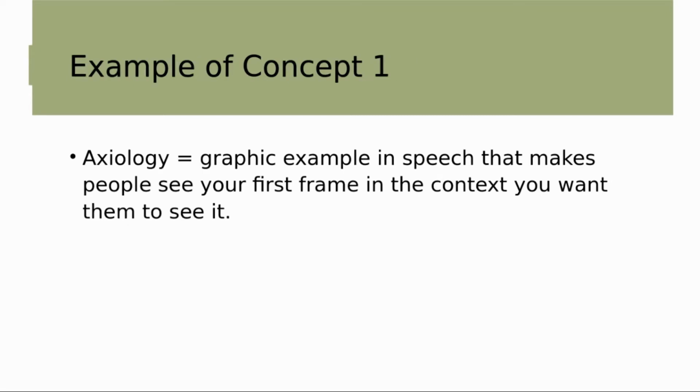So I'm going to go to the examples. The first one was the oxology graphic example in speech that makes people see your first frame. When you first start talking, you want to reorient the conversation. It's complex.